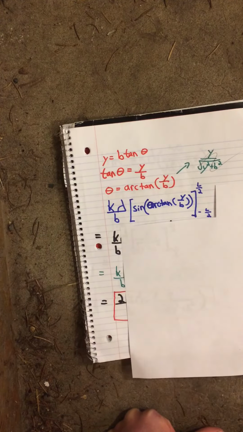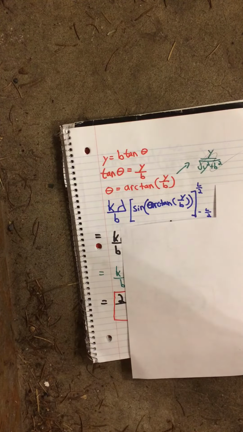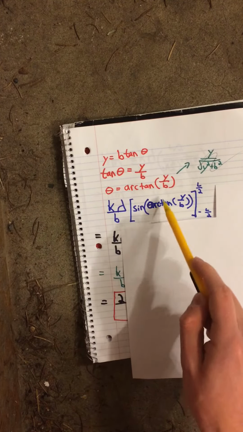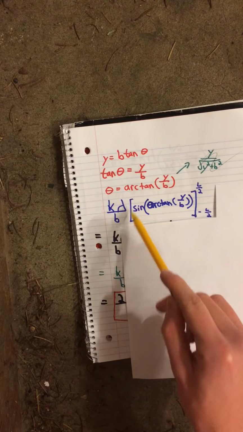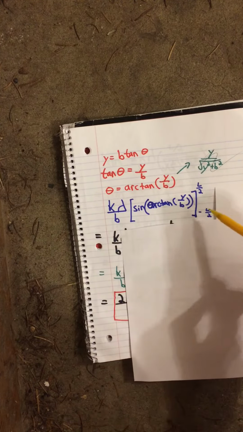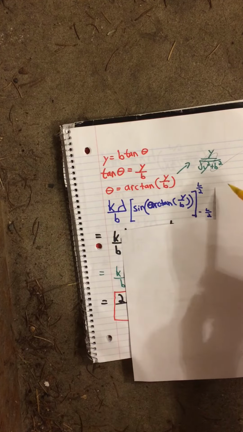Now we move on, and we plug in this value in terms of y that we got for theta. And then this becomes a new definite integral. You notice I changed the limits back to negative L over 2 to L over 2.